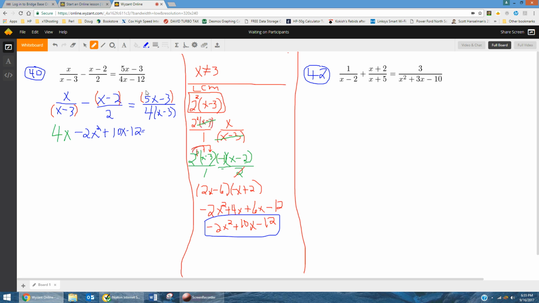Now when I take the LCM times this term, well, that is the LCM. 4 times the quantity x minus 3. So those are both going to cancel out, and all that's going to be left is a 5x minus 3.